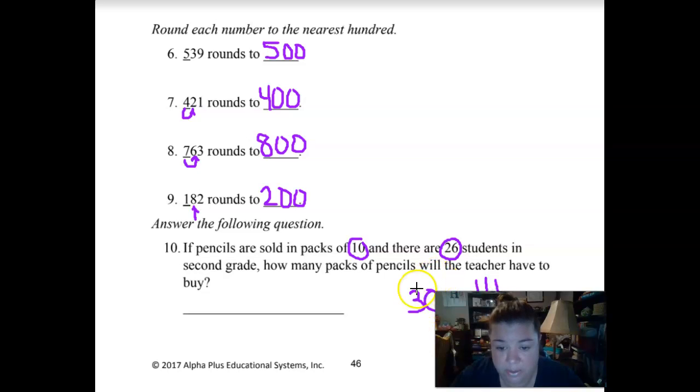Okay, so there's about 30 kids in the class. How many packs of pencils will she have to buy? Count your tally marks. Okay, so your answer is 3. And you need to label it for it to be correct. 3 packs. There, and that's your answer there.